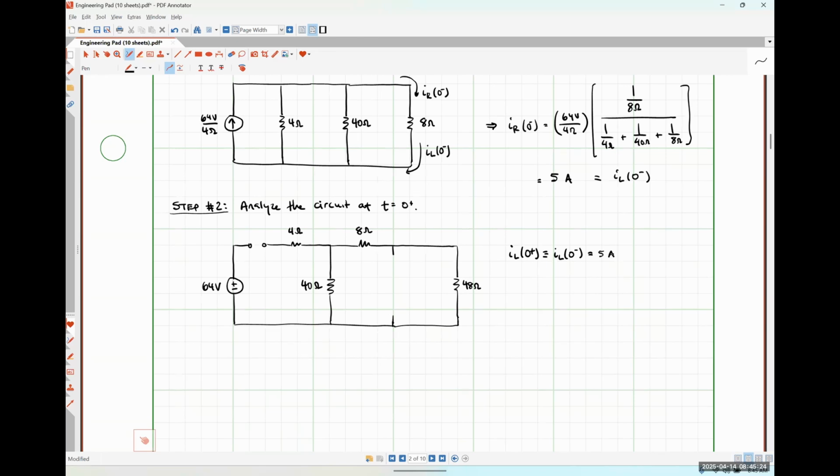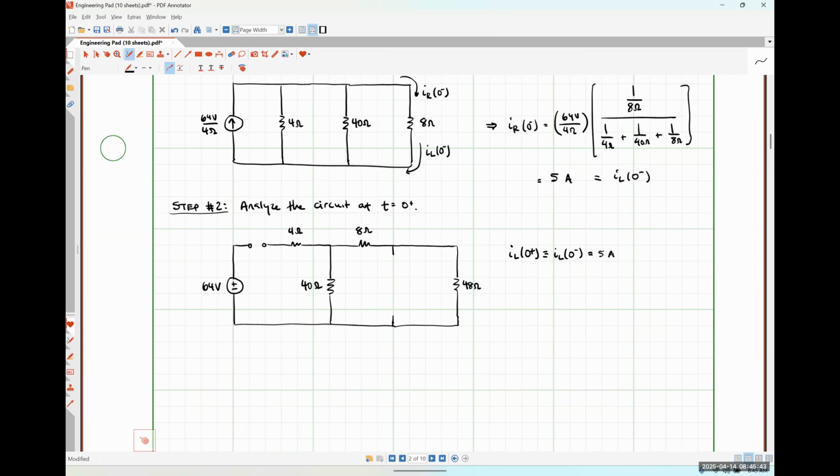So essentially, we know that through that branch there that I haven't put a circuit element in, there is a fixed amount of current of 5 amps flowing down through that branch, regardless of whatever the voltage drop across that inductor was or currently is, okay?